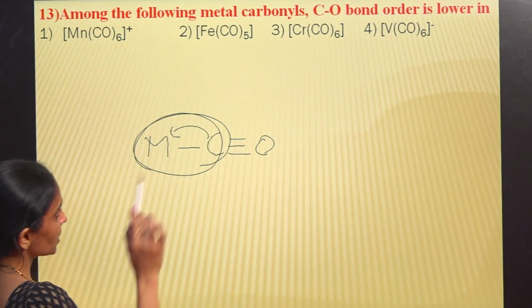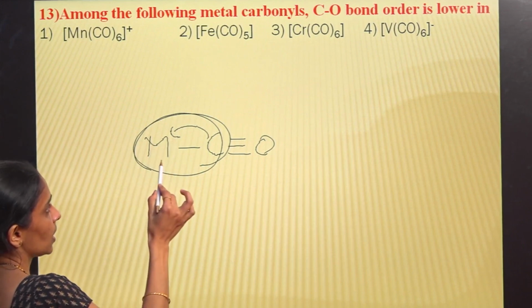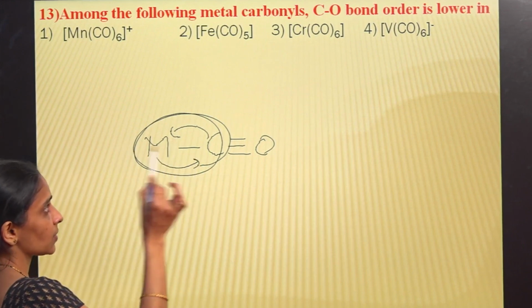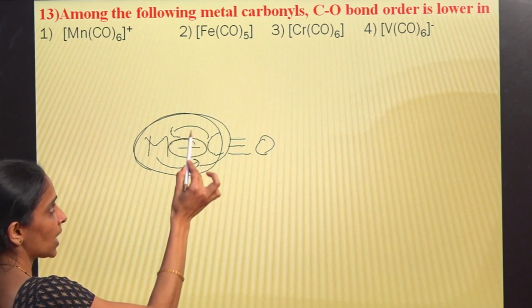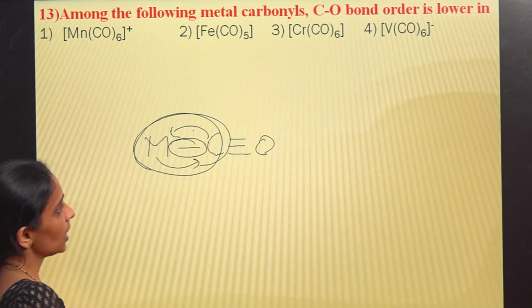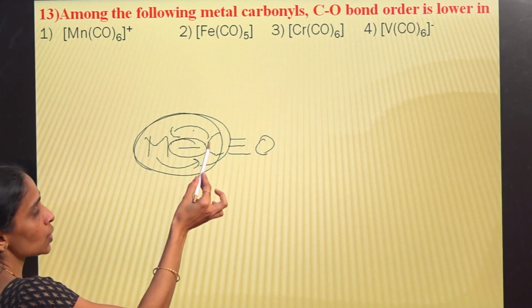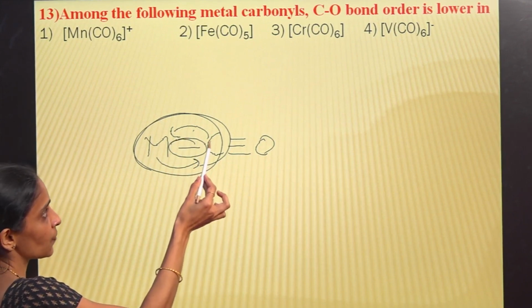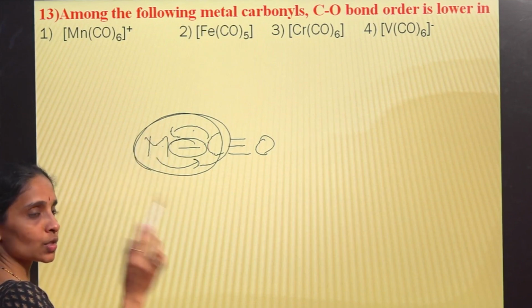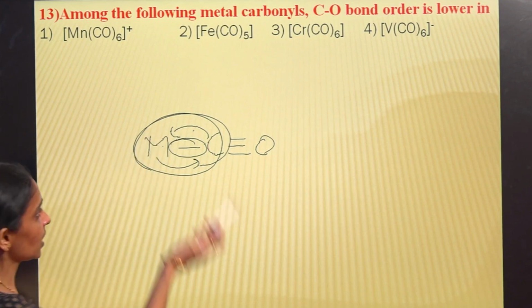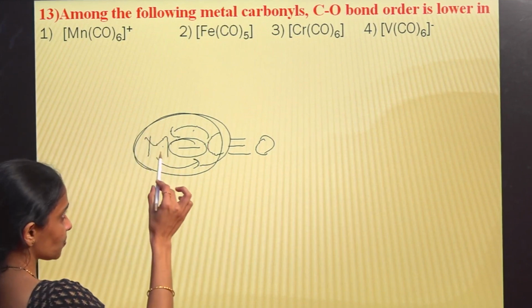Not only that, also there is a back bonding. Okay, this particular bond has got dual nature. It has sigma character, which is because of the donation of electrons from ligand to metal. Also, it has some pi character, which is because of back bonding.